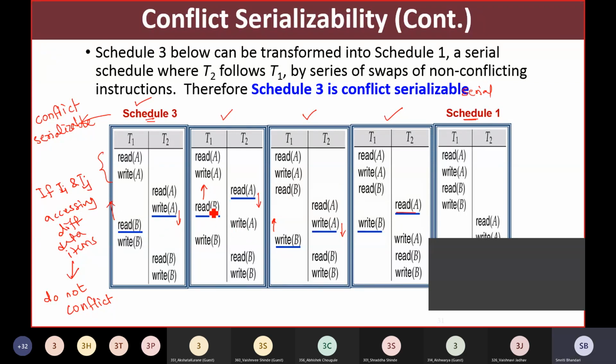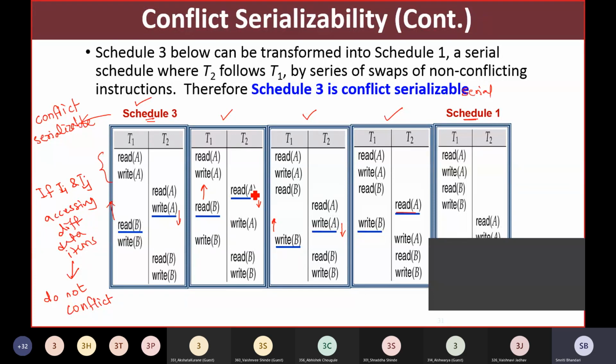So what does this mean, swapping? So we are changing the sequence. So read B will go up and write A will go down. So swap. Swapping the order. Right? So read B will be executed first and then write A. It is allowed because they are non-conflicting.